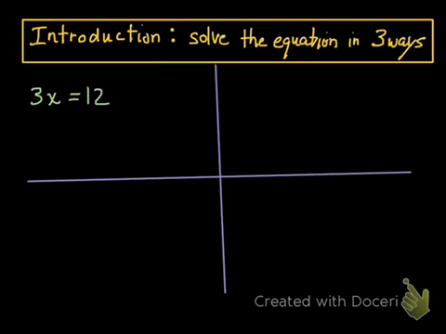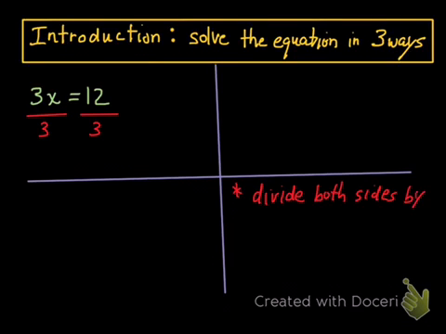That's right, divide both sides by 3. That's definitely one way to attack this problem. When you do that, the 3 divided by the 3 on the left-hand side is a 1, and 1 times x is x. Then you do the division on the right-hand side, you get x equals 4. All right, that's one method.